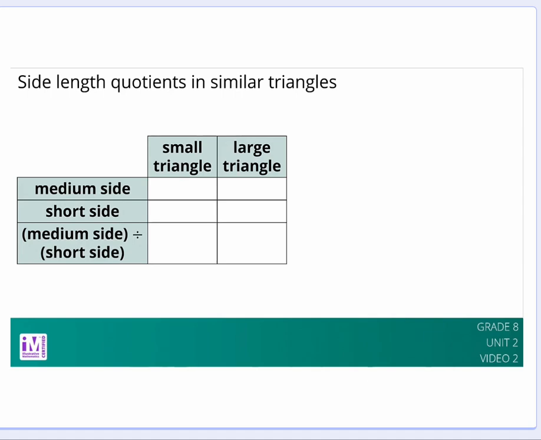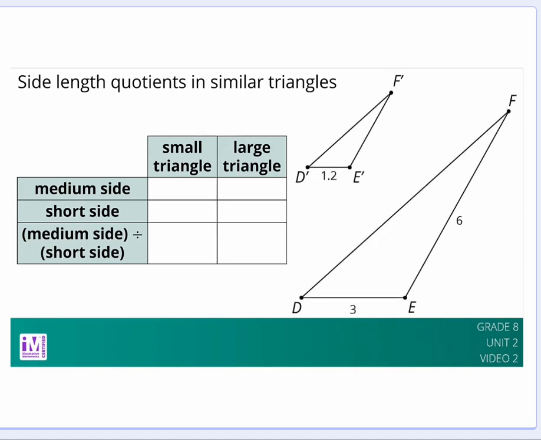For example, triangles D'E'F' and DEF shown here are similar. Let's find the length of segment E'F' using what we already know. In triangle DEF, side EF is twice as long as side DE.